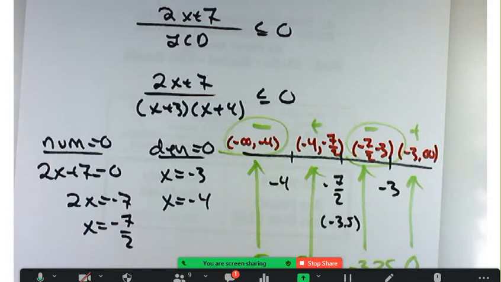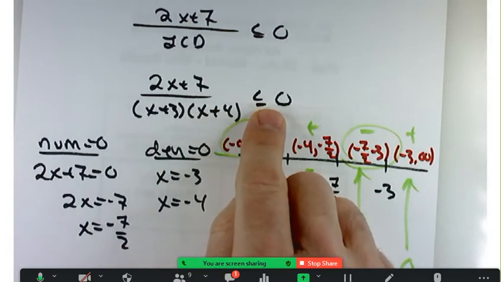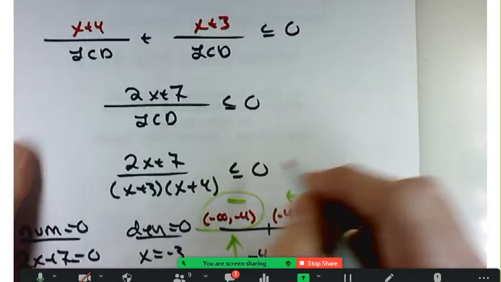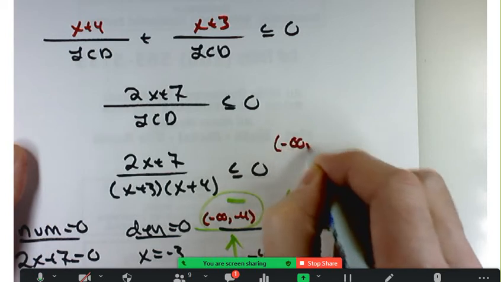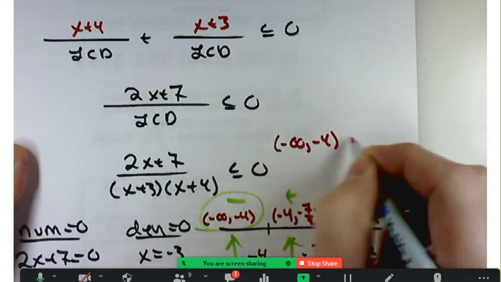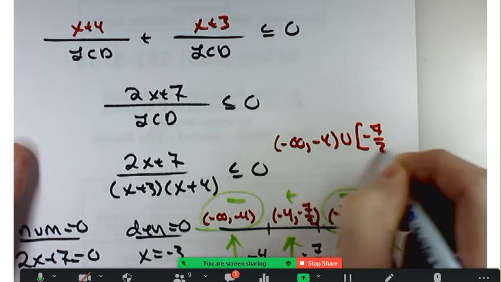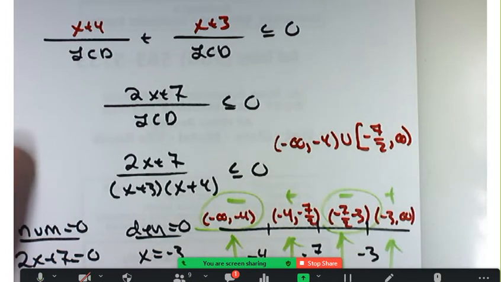Well, let me ask you this. Is 0 less than or equal to 0? Is that true? So I can use that endpoint, but I can't use the other ones. So my overall answer is going to look like this. -infinity to -4 union, then bracket -7/2 to infinity. Awesome.